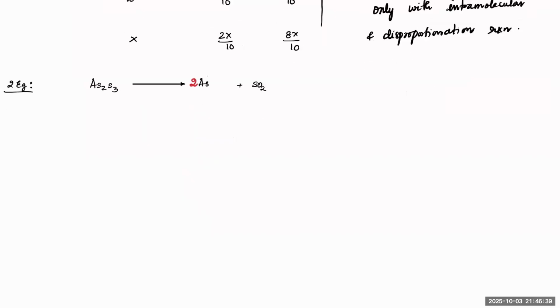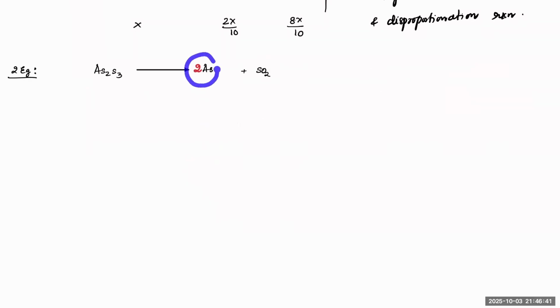Now notice this. As2S3 is giving 2As plus SO2. Each sulfur is at -2 oxidation state and arsenic will be made into +6 oxidation state for two arsenic. And for 2 arsenic here it will be 0. And for 3 sulfates, each sulfate will have +4.